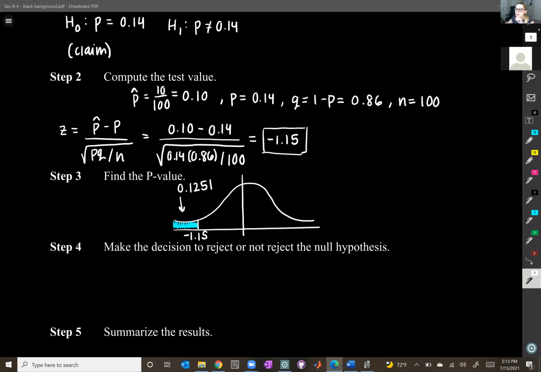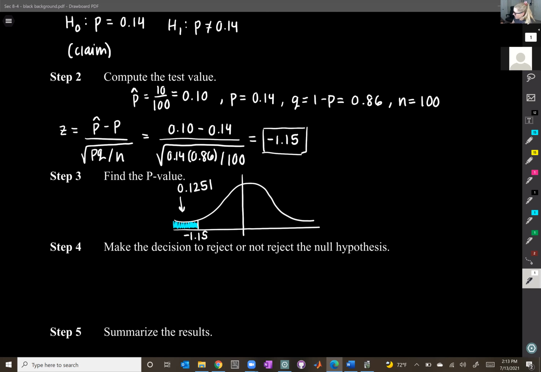Okay, yeah, when I did this earlier, I was not thinking about the fact that this was a two-tailed test. So I was just saying, like, oh, we're only concerned about this tail.